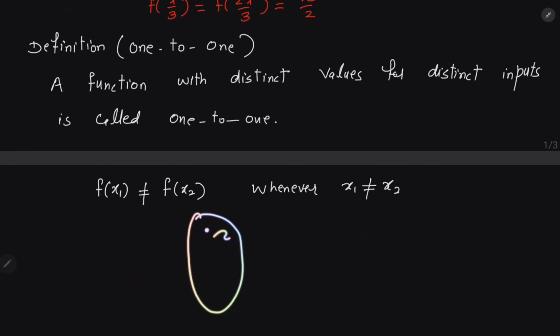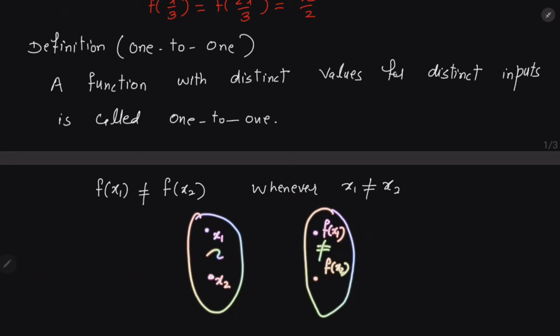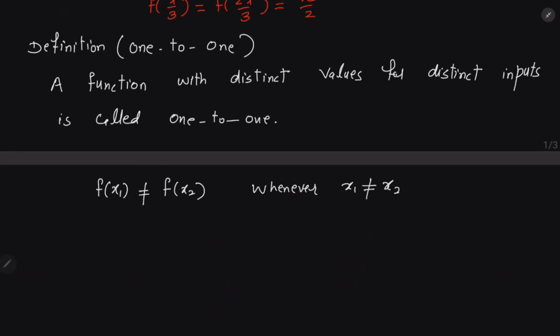Suppose we have x1 over here, then we have x2. These are two distinct points. For these two distinct points, we have f of x1, then we have f of x2. These two, f of x1 and f of x2, are not equal, and similarly x1 and x2 are not equal. If such a condition is met, then we say that the function is a one-to-one function. I hope you understand the definition.